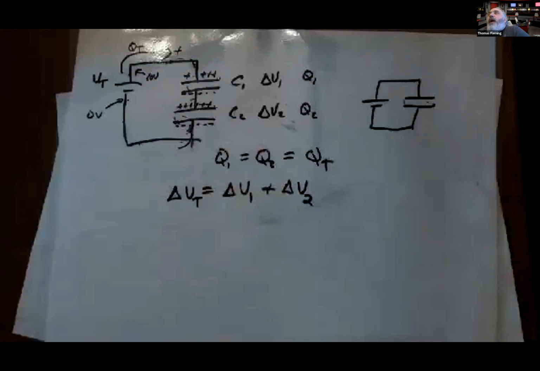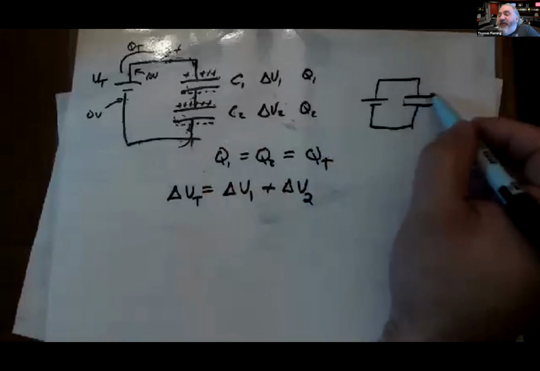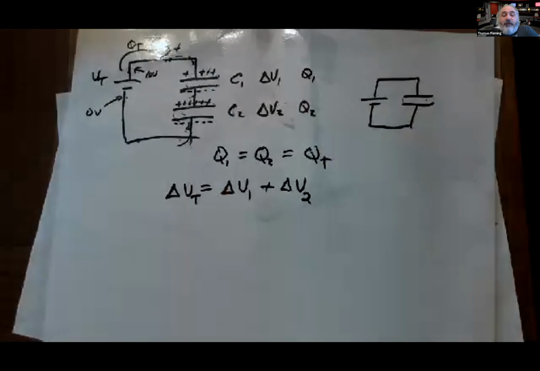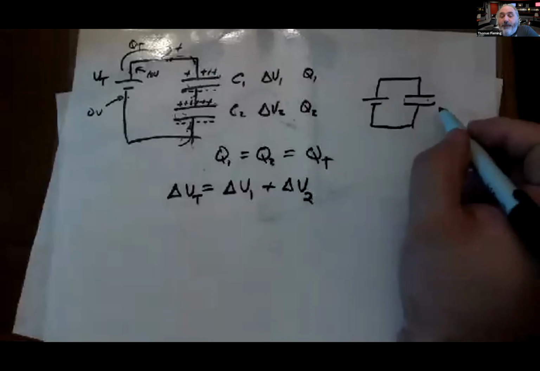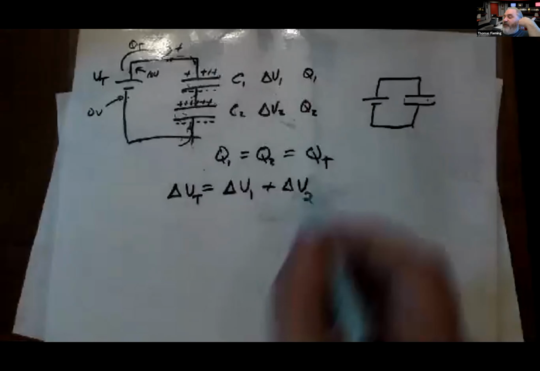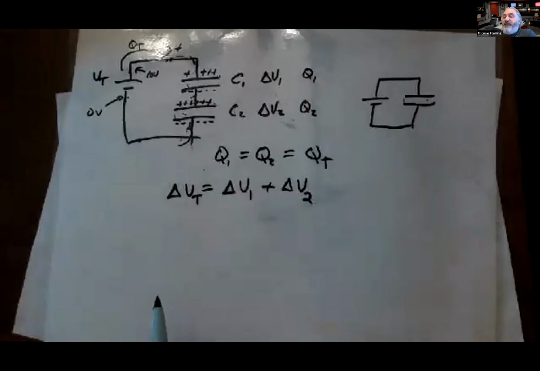And oftentimes, what we'll do in problems is figure out what the equivalent capacitance is of some combination of capacitors. I'd like to figure that out. Now, I've got these two rules, and I also know that the definition of capacitance has to be true for every capacitor ever.